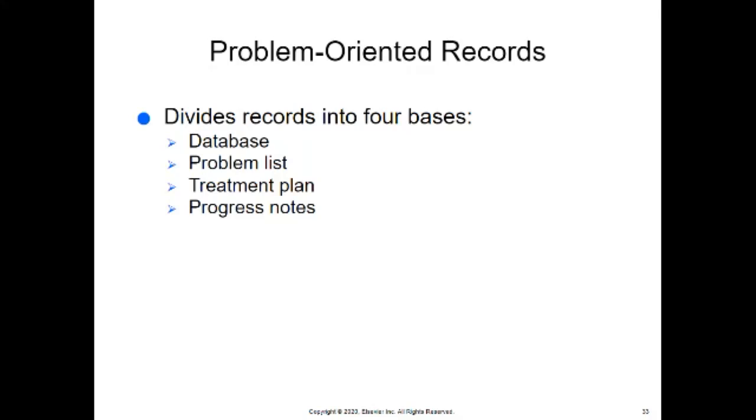The treatment plan includes management, additional workups needed, and therapy. Each plan is titled and numbered with respect to the problem. The progress notes include structured notes that are numbered to correspond with each problem number. The POR has the advantage of imposing order and organization on the information added to a patient's record.